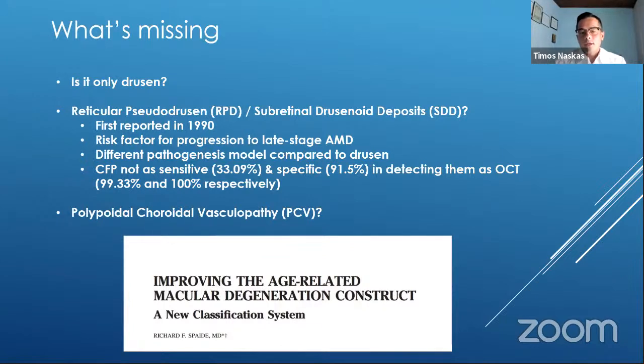He specifically discussed subretinal drusenoid deposits and choroidal vasculopathy to be taken into account. So I went to my supervisors and asked them to do something as a first step into creating a new classification system, which they agreed. And then we went on to develop the OCT scheme, which I'm about to present shortly.